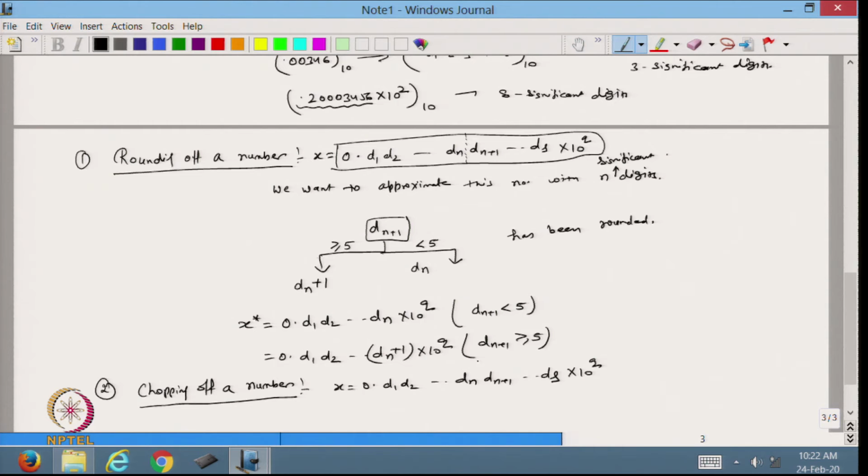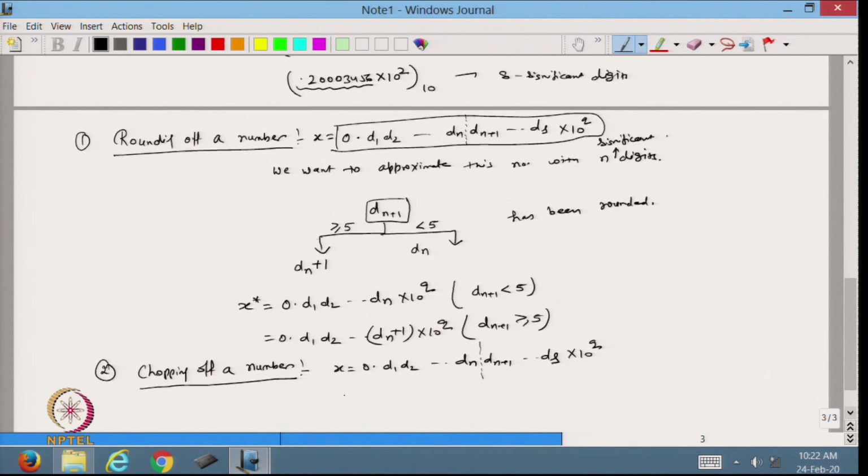I want to chop this number using only n digits. So, I do not care about the value of dn plus 1; I just chop this number and approximate it by 0.d1 d2 up to dn into 10 raised to power q. That is the chopping of a number.